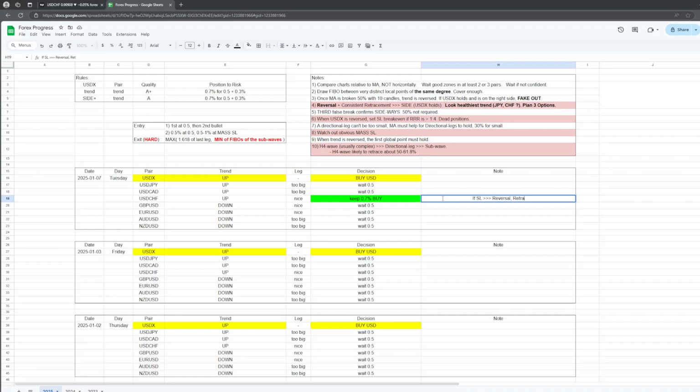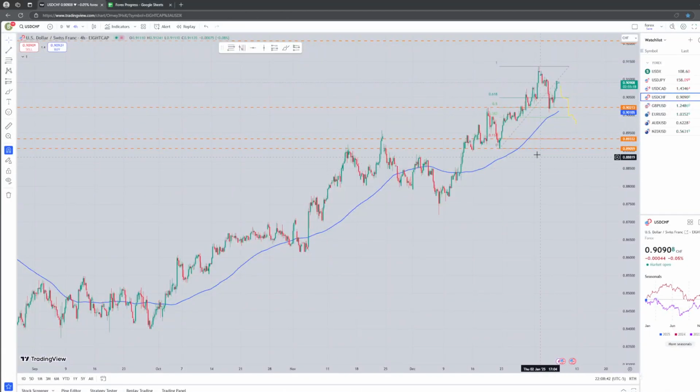If it keeps retracing, it will be considered fake out. If the market trend continues to go into the original trend direction, it will hit the take profit. So at this point we have three possible scenarios, which is exactly according to my trading system.